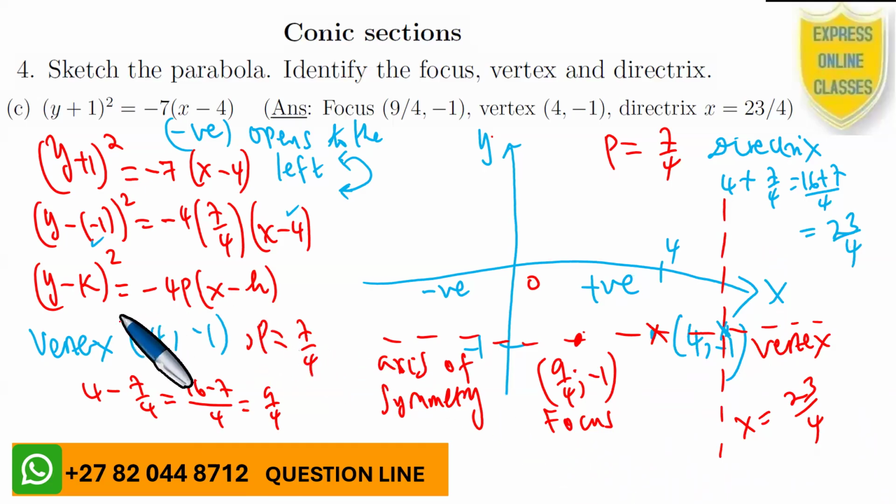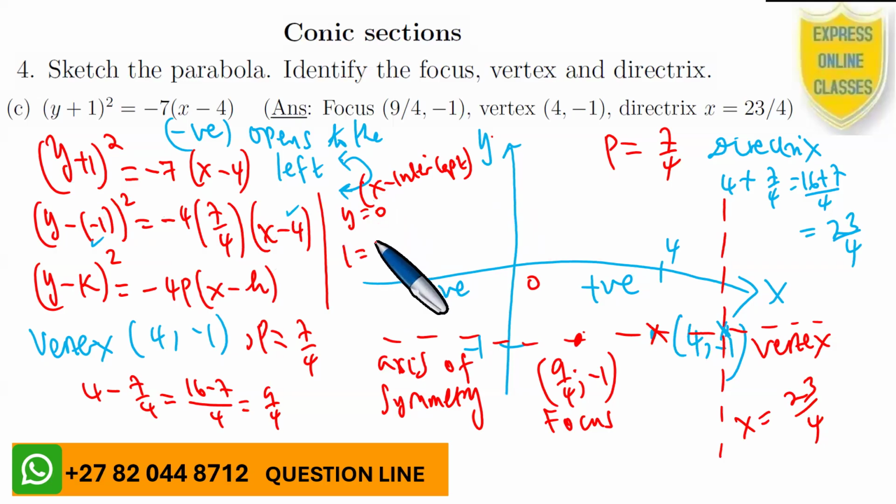But now there are two things. What is the x-intercept for this one? When y is 0, you're able to get the x-intercept.